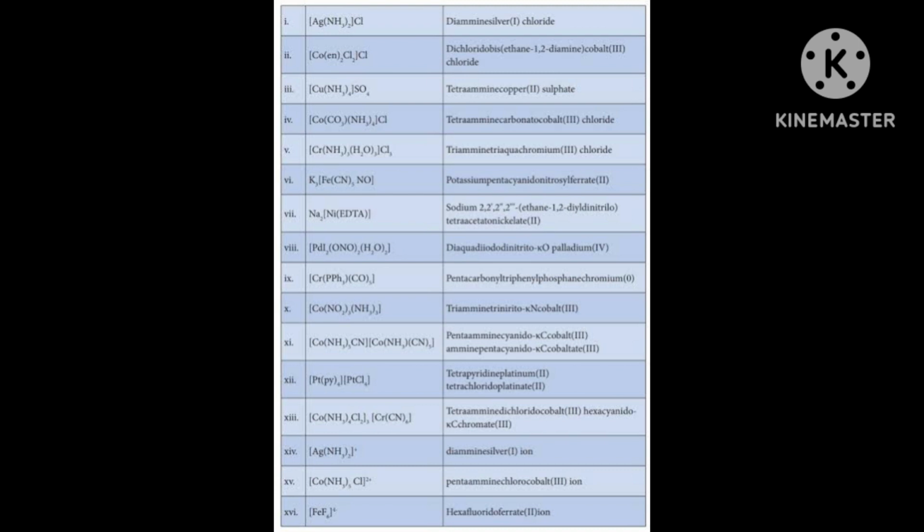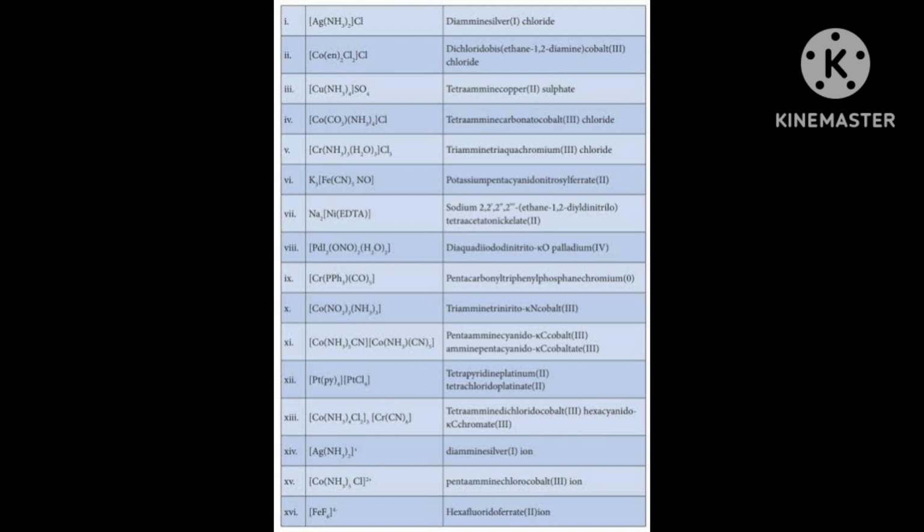That's why SO4 whole 3 is written. Then the complete coordination compound will be neutral. Okay.